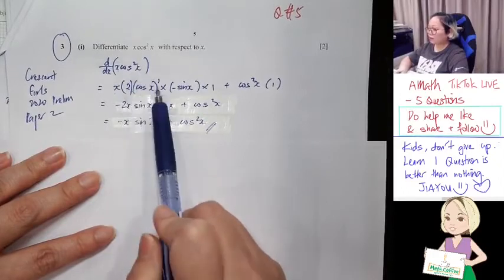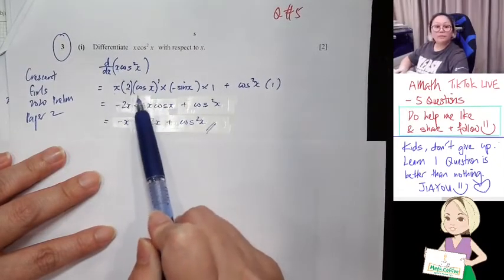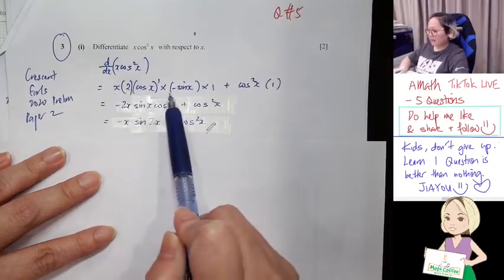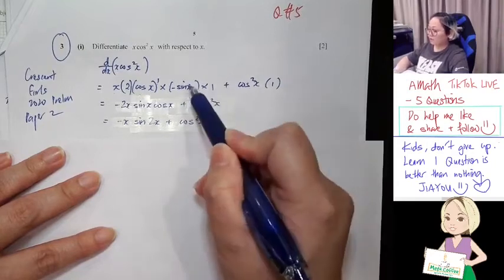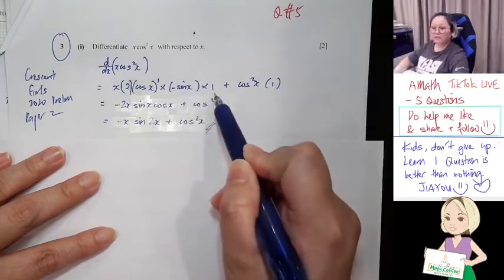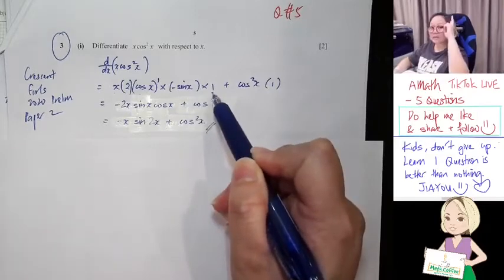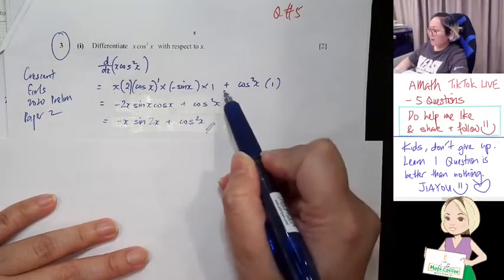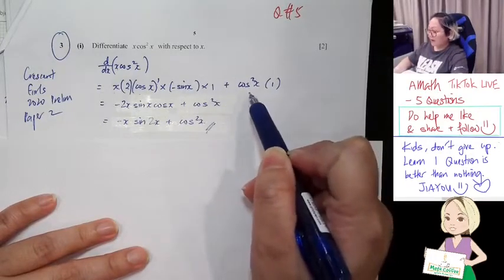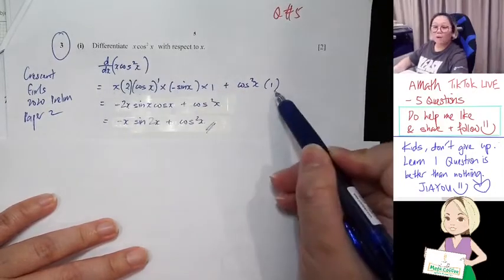Power is 2 minus 1, so it's 1. Multiply by differentiate inside. My differentiate inside is minus sine x. And what is this 1? This one is to differentiate the x, which is 1. It's just my habit that even though it's a 1, I will just put 1, to remind myself that I need to differentiate the inside. Plus keep right, cosine square x, differentiate left, which is differentiate x, which is 1.